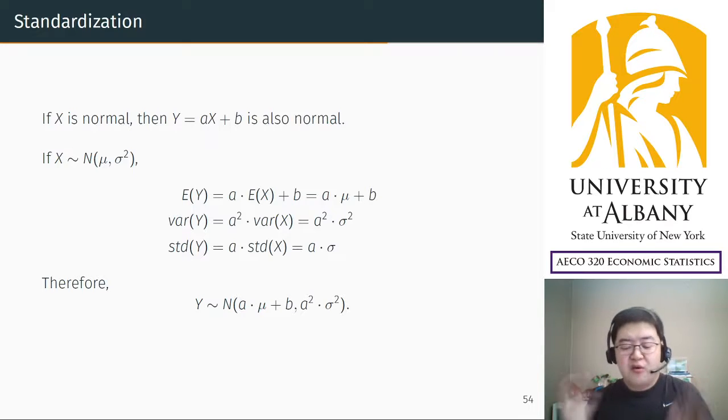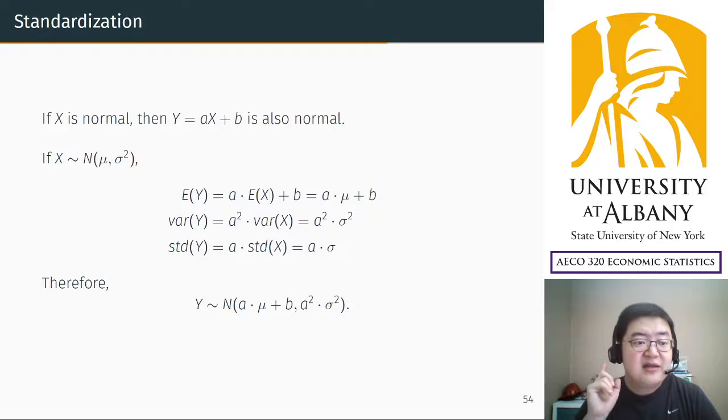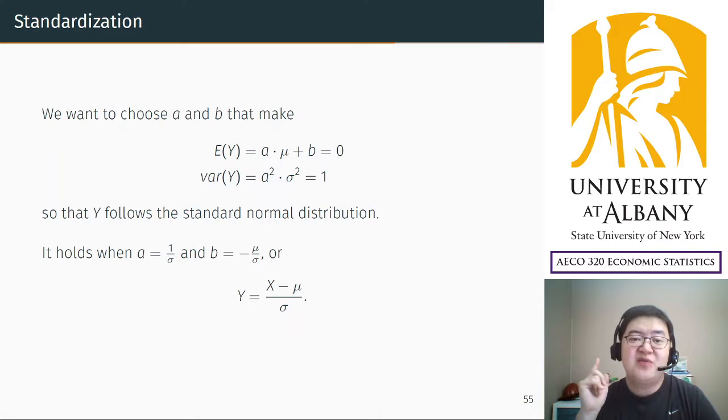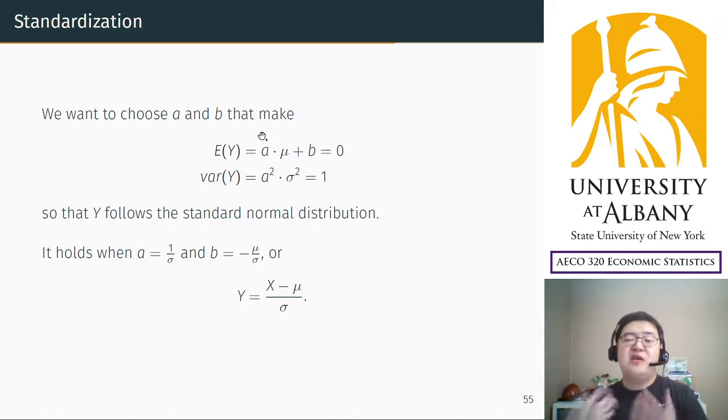And so we are going to use this linear transformation idea to standardize a non-standard normal distribution. So the idea is we would like to choose A and B. So transformation is what we do. We may choose A and B, but in particular, we are interested in the case where the resulting random variable is a standard normal distribution.